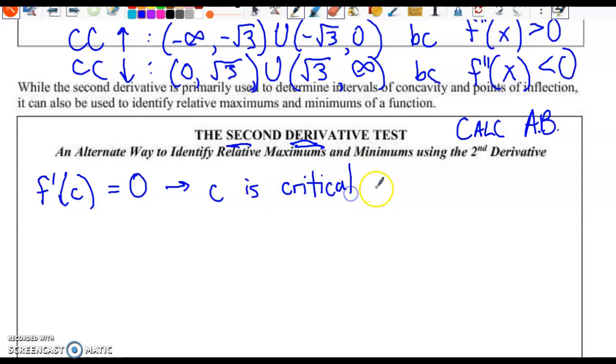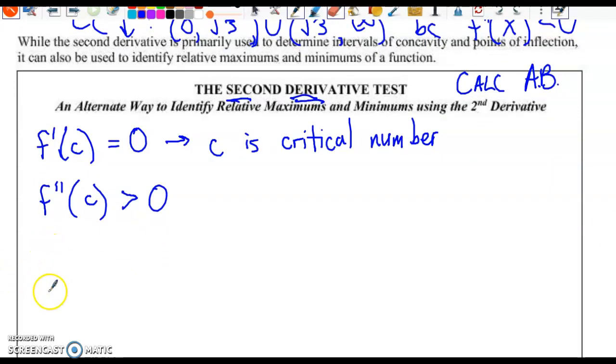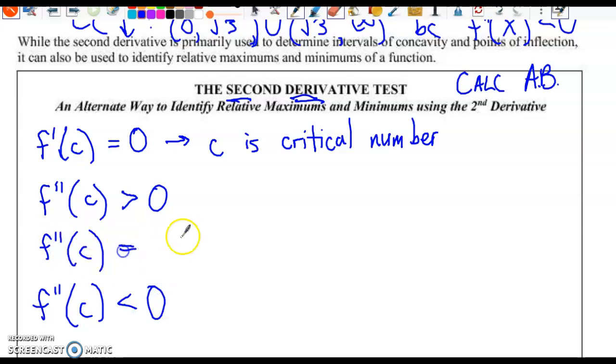The second derivative test is then saying, okay, if I do the second derivative and I plug in that critical number c, we have 3 situations. We can either have a positive number, a negative number, or we could get the second derivative at c equal to 0.